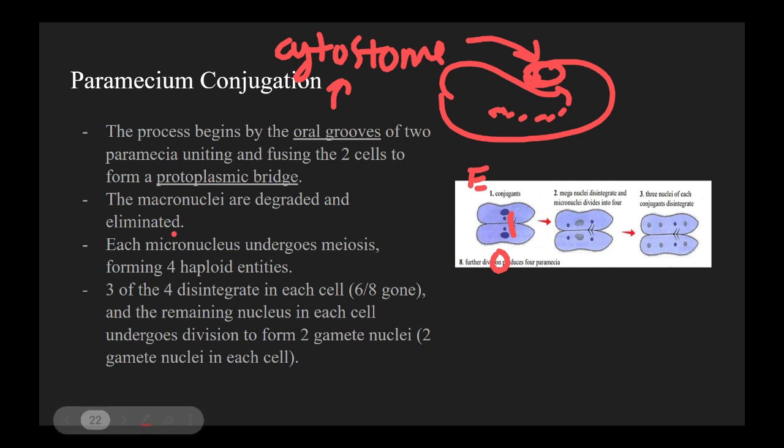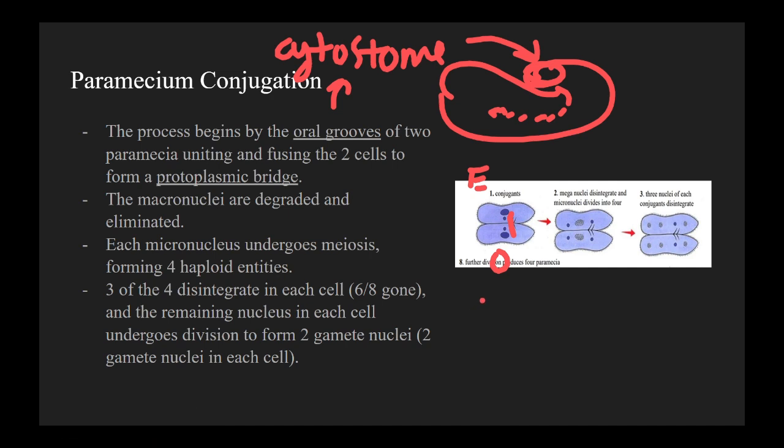So yeah, so next, the macronuclei, or the nuclei that contain the non-sexual genes, right? The big nuclei are degraded, and then eventually they just disintegrate. And then each micronucleus is now going to undergo meiosis, forming 4 haploid entities.